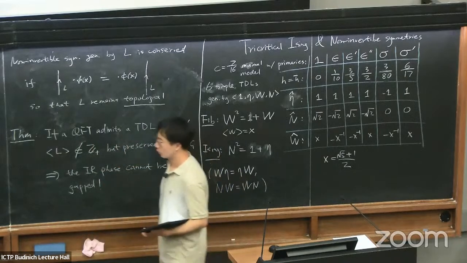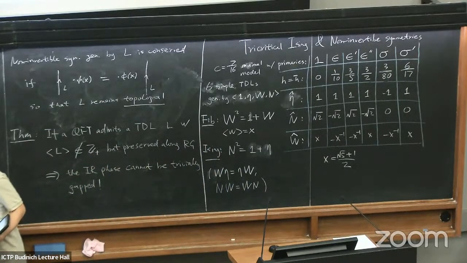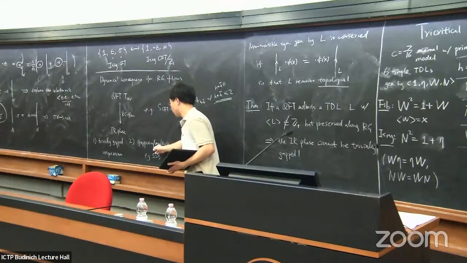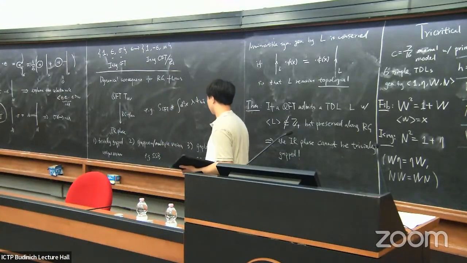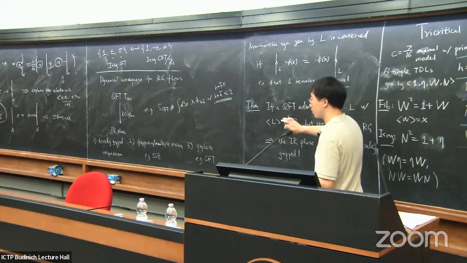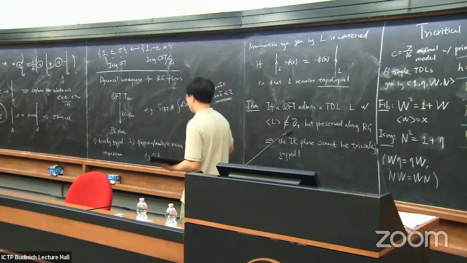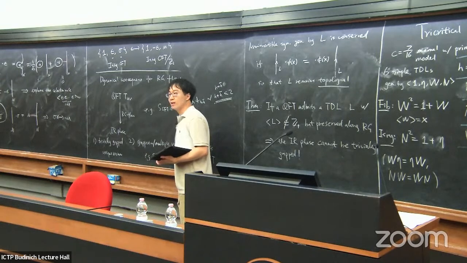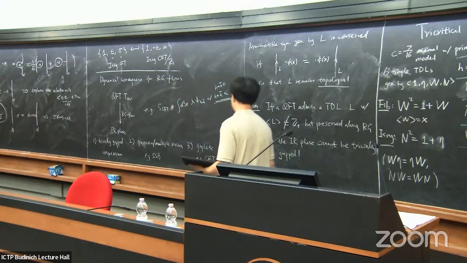Okay, so the only possibility will be a non-trivial TQFT, which is described by multiple vacua, okay, or a gapless CFT. And this is a very simple theorem. There are refined statements that constrain how precisely the symmetry is spontaneously broken.